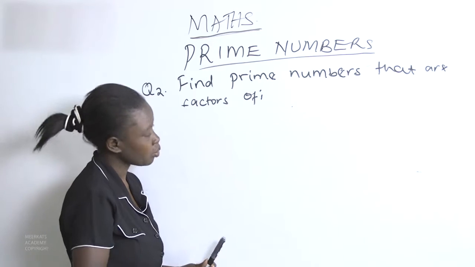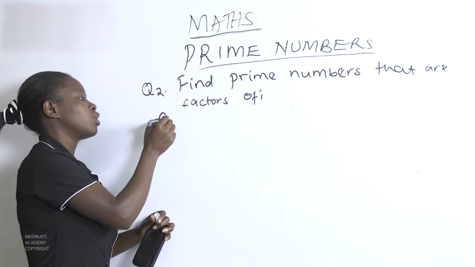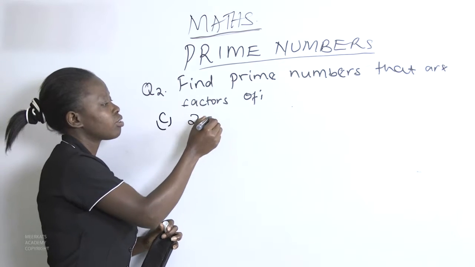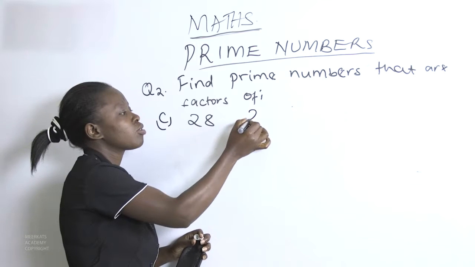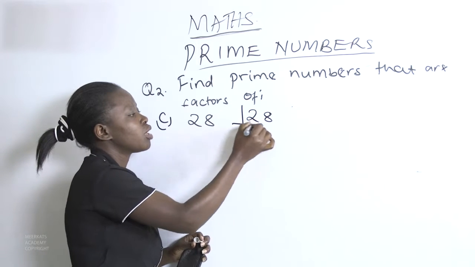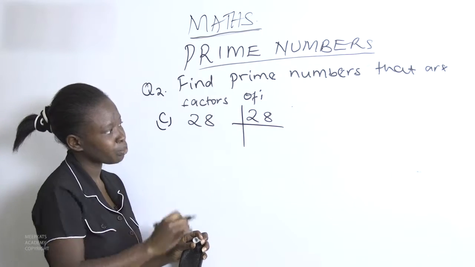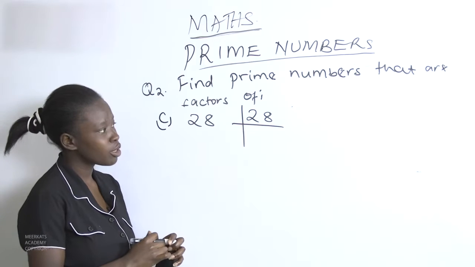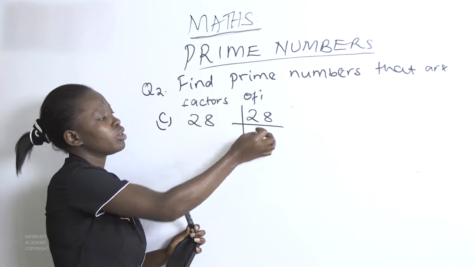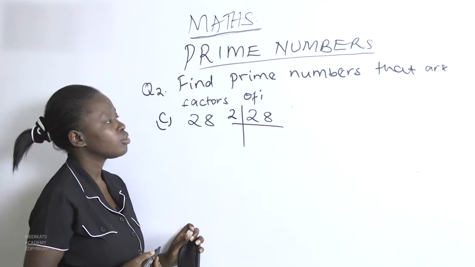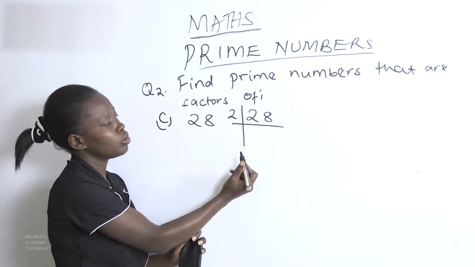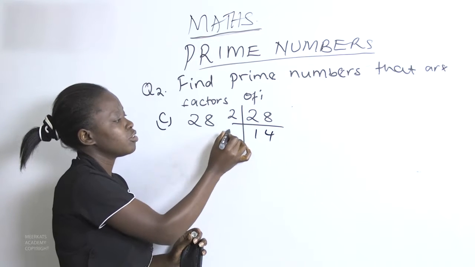Maybe one last problem to be solved. We have 28. Starting with 2 as the lowest prime number, because the number is divisible by 2 since our last digit is 8. 2 into 28, we have 14.